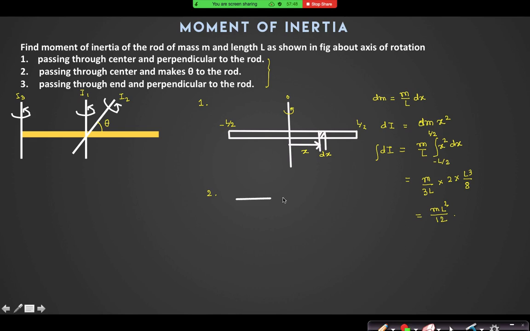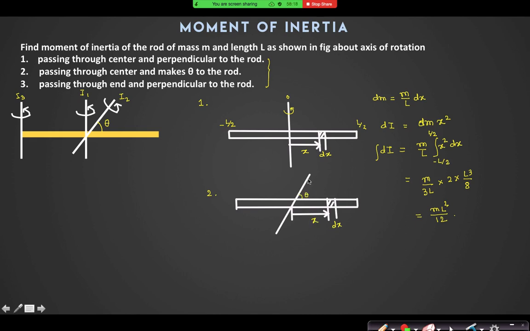In the second, if it is at angle theta, here also I will do the same process. At distance x, I will take a small element of length dx, and this angle is theta.